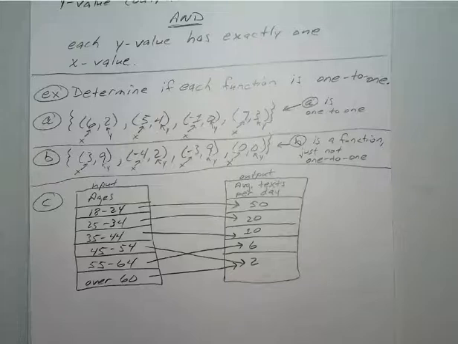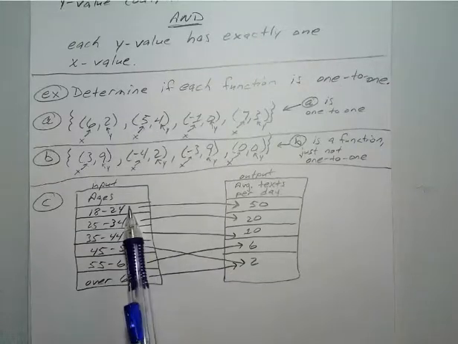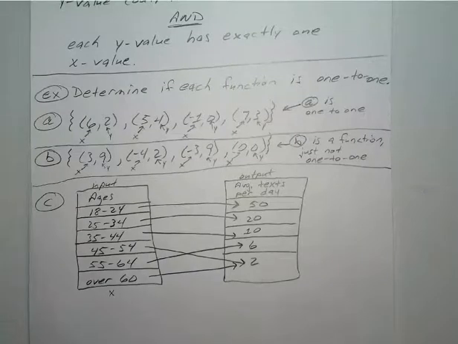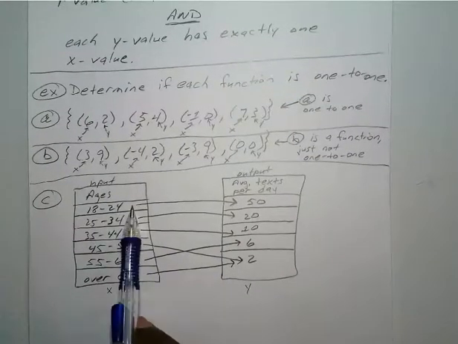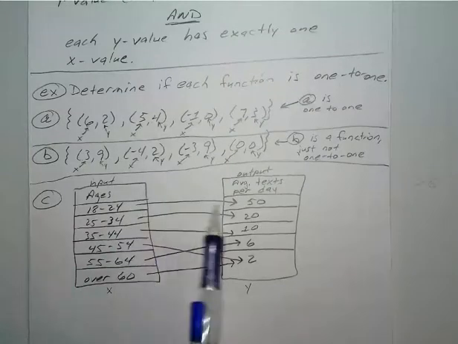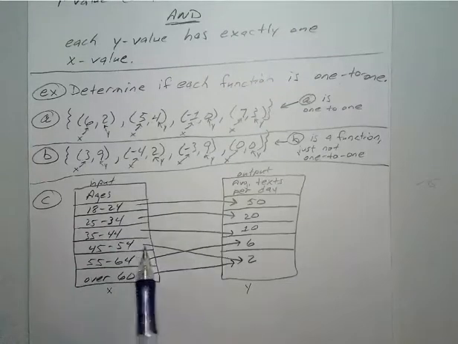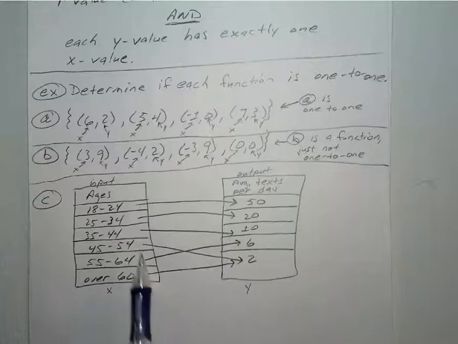Okay, let's look at C. Again, we look at all of our x. Remember, your input represents your x values. Your output represents your y. So you can see here, each x has one y. You have one arrow going out of each section.